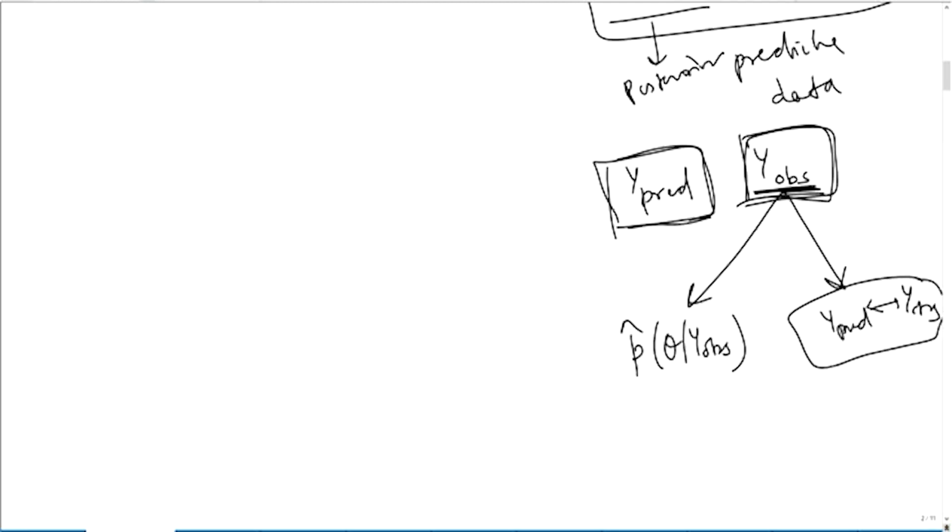You are using the same data to train the model and then to test the predictive accuracy of the model. This is called overfitting. So, this is a problem. Why is this a problem? Because whatever sample of data you have, let us say y-obs, it would contain certain regular features of the data and certain irregular features of the data.